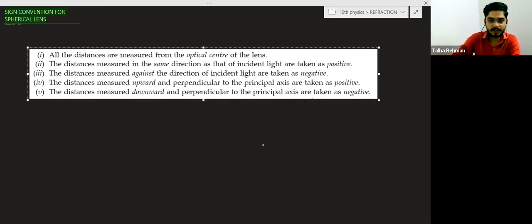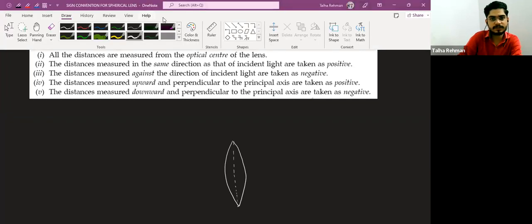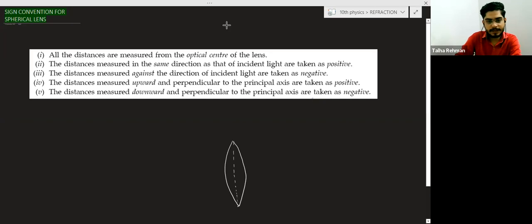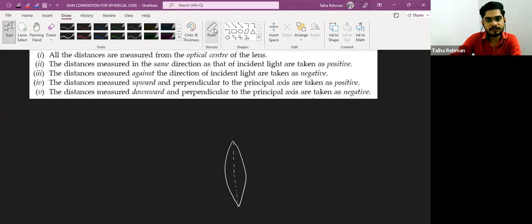So I am taking the convex lens, and the principal axis is this.